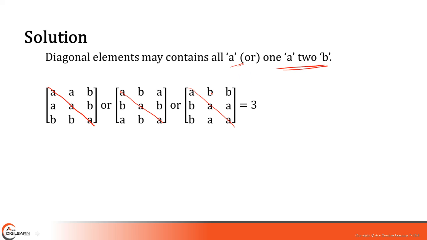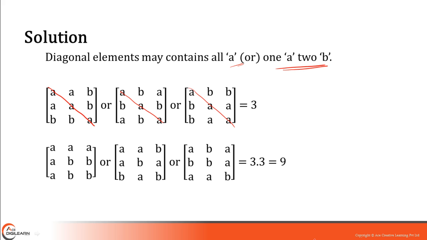The remaining 4 B's can be occupied in the remaining places. So there will be 3 matrices with diagonal contains all A's, and there will be 9 matrices which contains 1 A and 2 B in the diagonal.